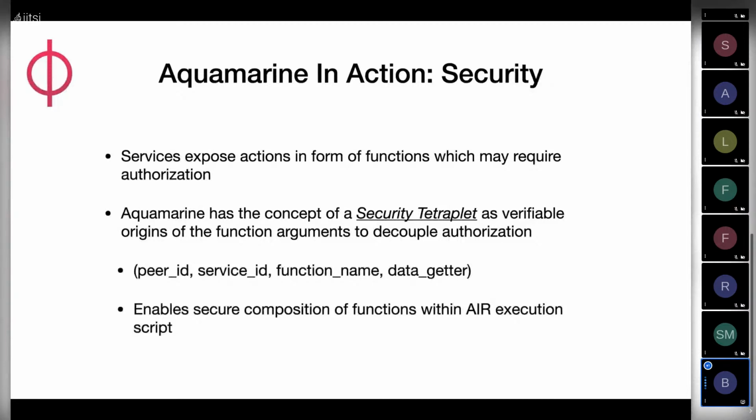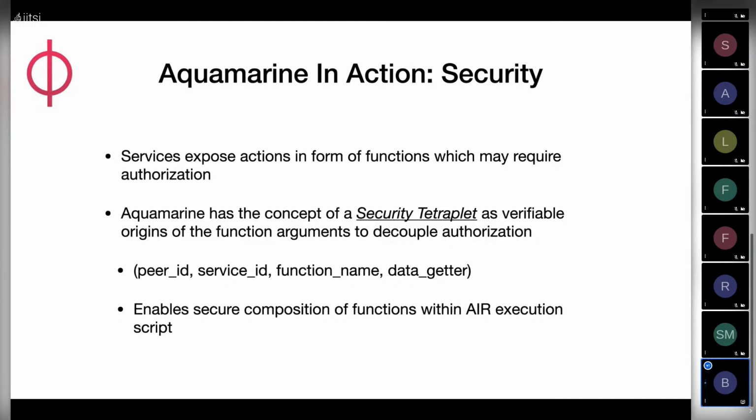I talked about zero trust and inherent security. In Aquamarine, services are exposed to actions in the form of functions, and they may require authorization. The easiest concept is what's generally referred to as ambient authorization, where authentication gives you authorization. It's how it works in Linux or most operating systems: you get your user authentication, and that gives you an ambient authorization realm to work within.